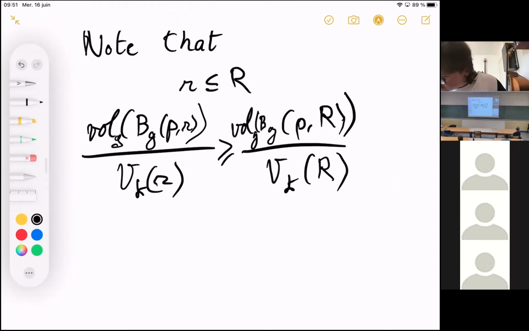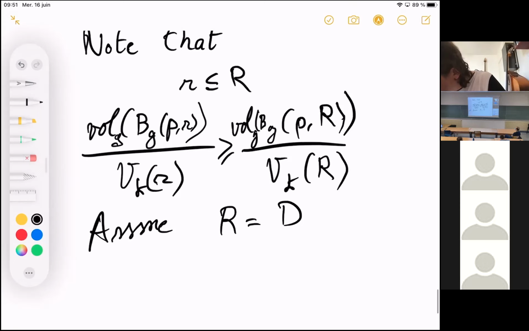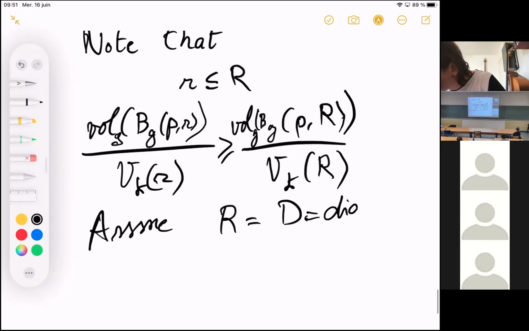And so this way I get a bound which depends on big R. So assume R is equal to D, which I denote by the diameter of (M, g).